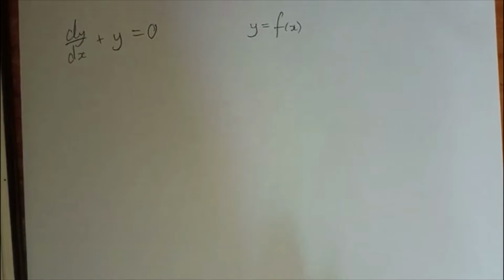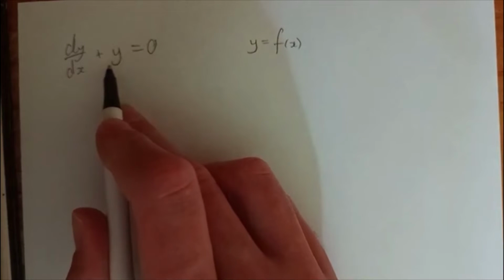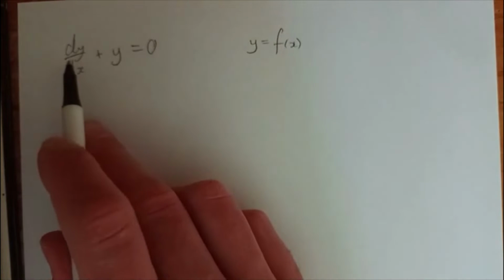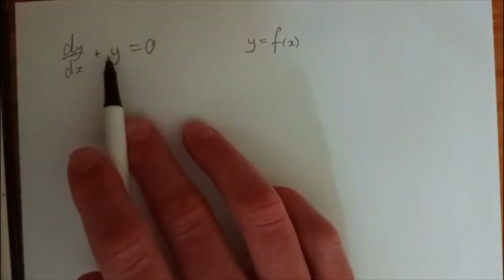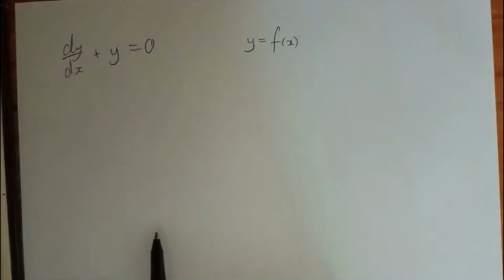The goal of differential equations is to obtain the function y which satisfies the differential equation. In our example, that means we need to find a y such that the sum of its derivative and itself equals 0. Because y is a function only of x, we don't have partial derivatives.